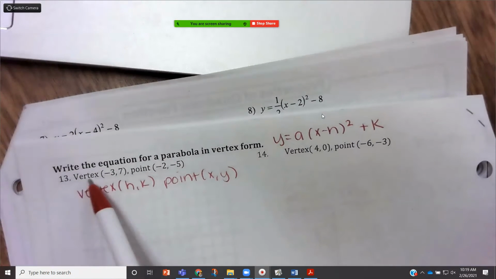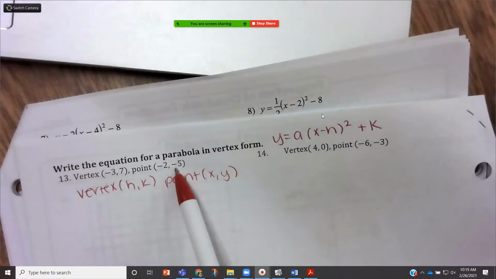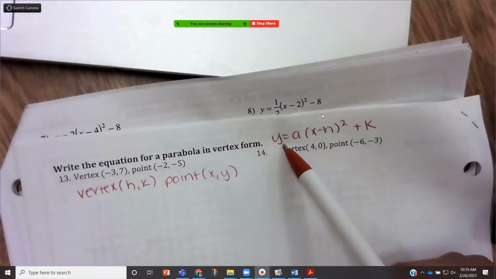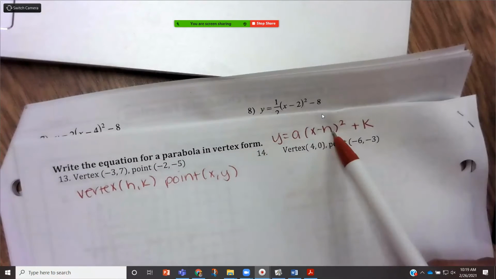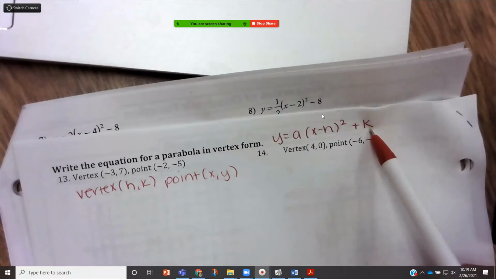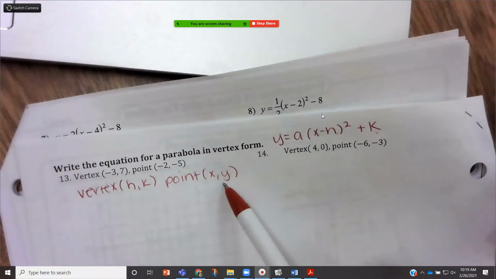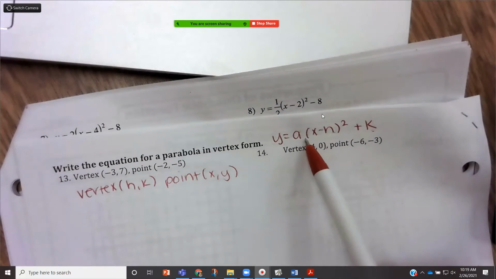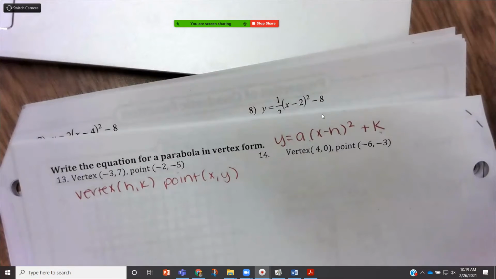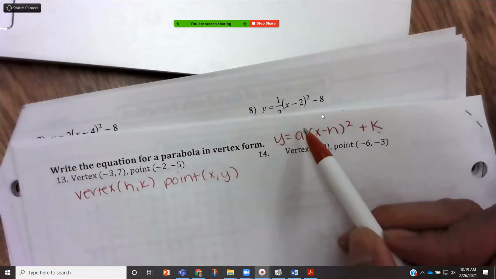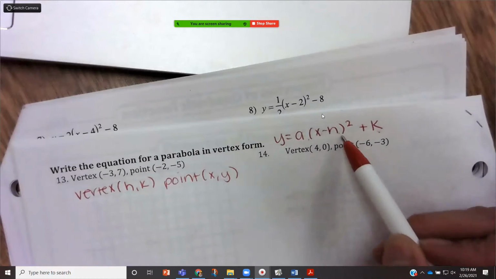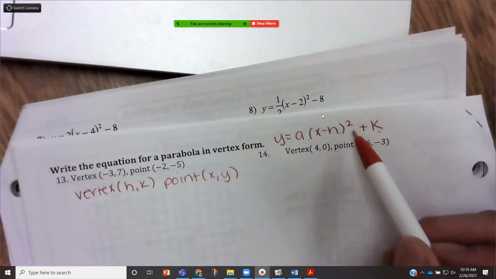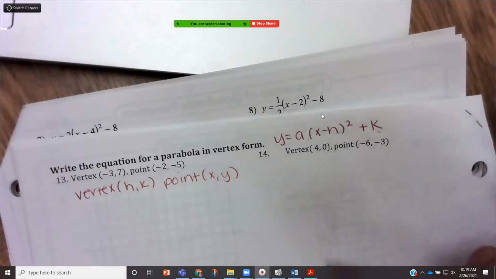If we're given the vertex and a point, we're given the y, the x, the h, and the k. So we have to use these key pieces of information to find the a value so that I can get my equation in terms of y equals fill in a, x minus fill in h, squared plus fill in k.